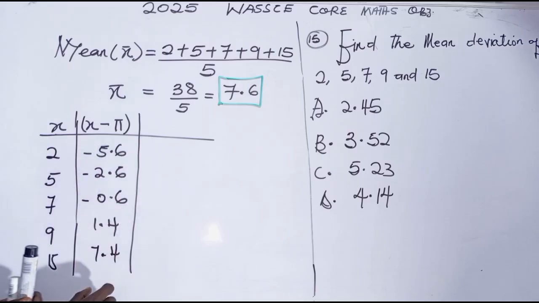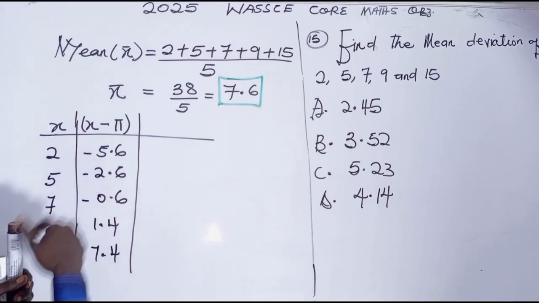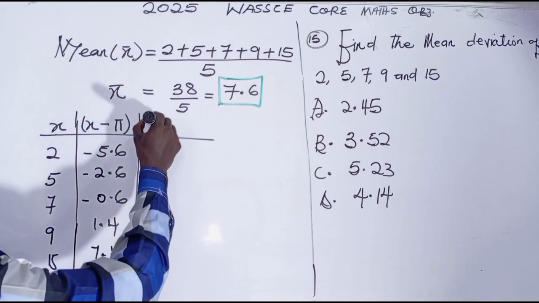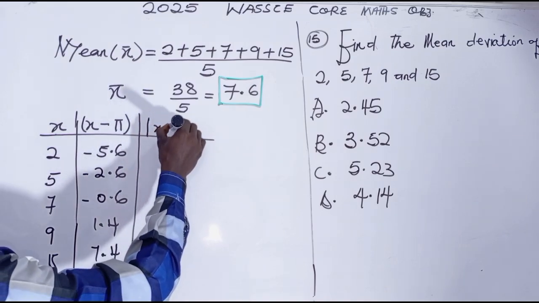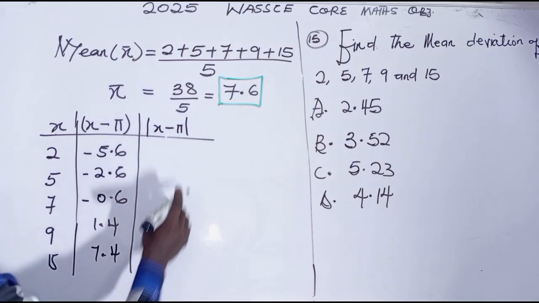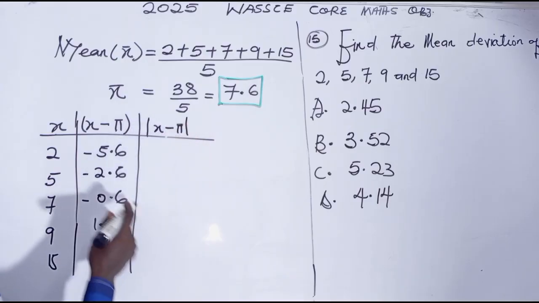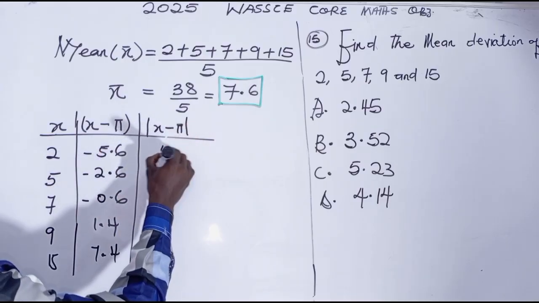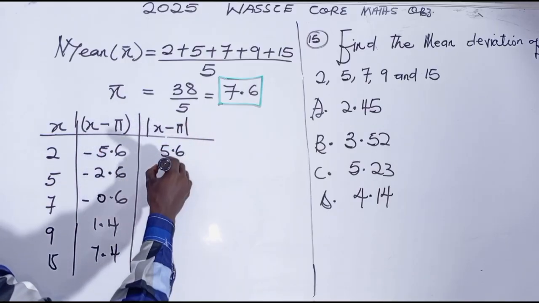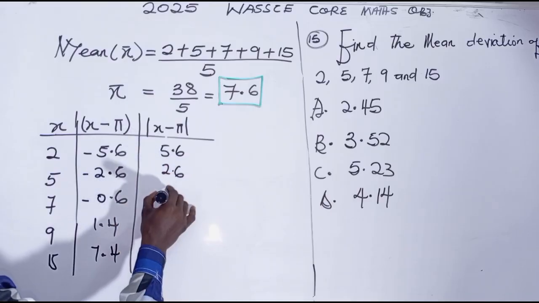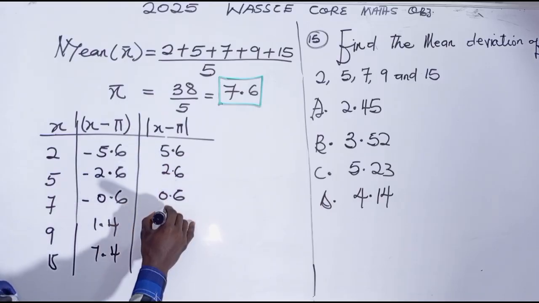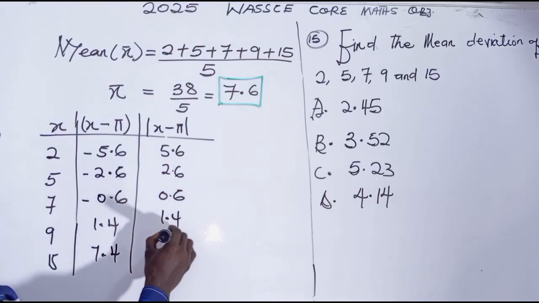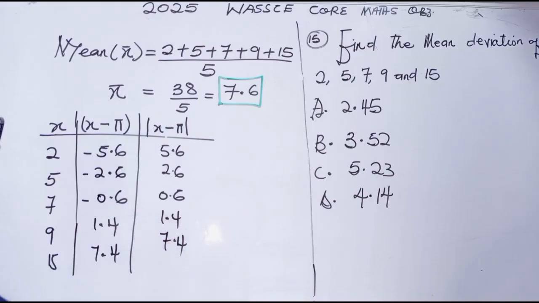Now when we add all of these, we'll be getting 0, or something that we don't want. So we have to take the absolute value of it. So we have the absolute of x minus the mean. This gives us 5.6, 2.6, 0.6, 1.4, and then 7.4.